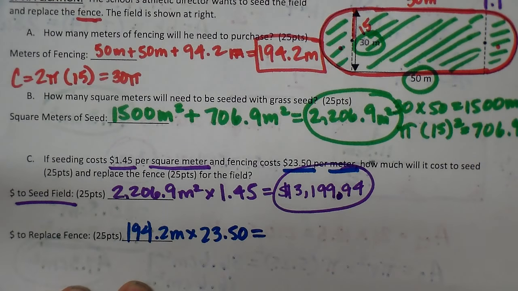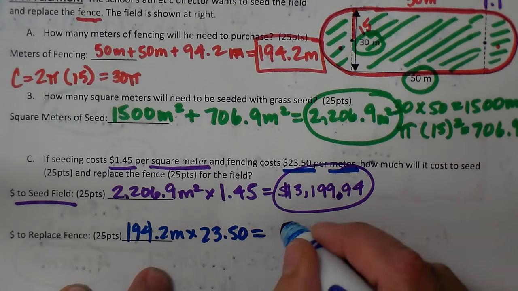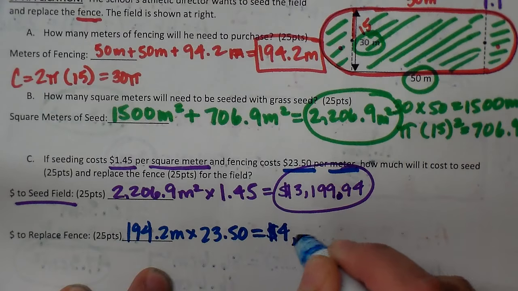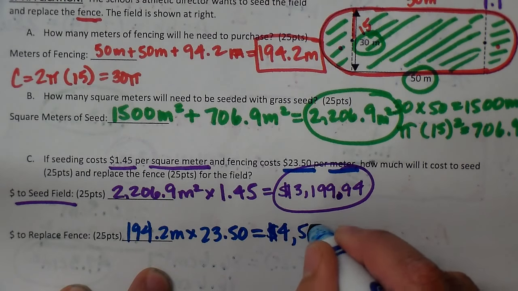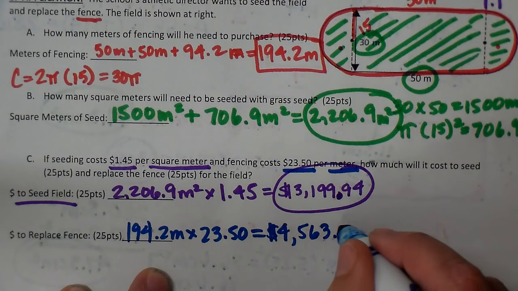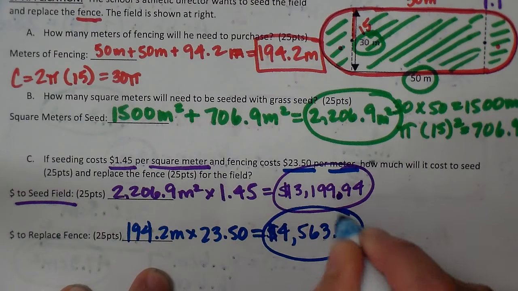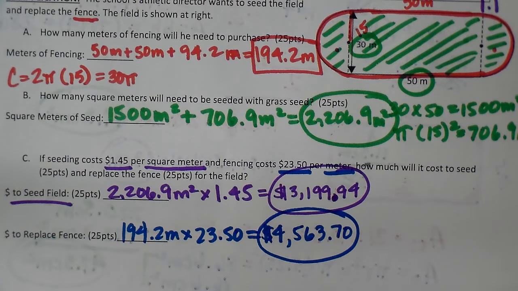So 194.2 times 23.5 is $4,563.70. So this is how much it's going to cost to actually put the fencing in. And that is the quiz.